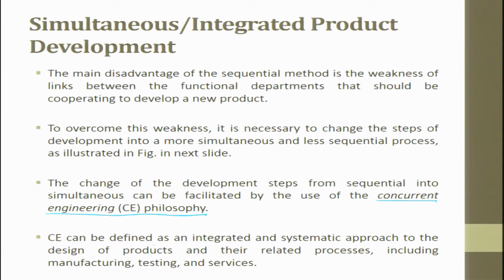Concurrent engineering can be defined as an integrated and systematic approach to the design of a product and its related processes, including manufacturing, testing and services. If you look at the drawing here, we will have market analysis and R&D.